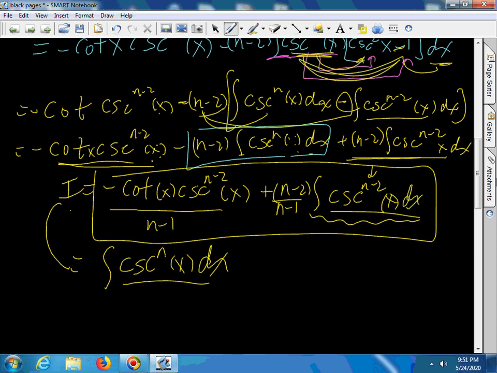Then you do it again, and you get the power of 16. Eventually, you'll have the power of 4, and then the power of 3. And when you get to the power of 2, well, you better know what the integral of cosecant squared dx is. Okay, this completes this proof of the power reduction formula for cosecant raised to the nth power of x.